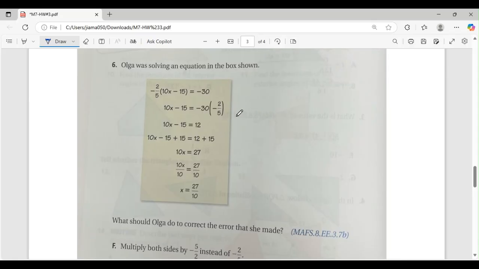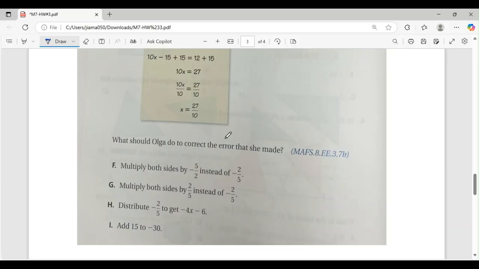First, she divided by -2 divided by 5 on the left side, but then she times -2 divided by 5. So this part is not correct.